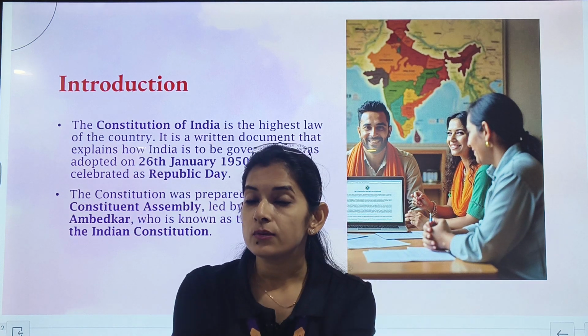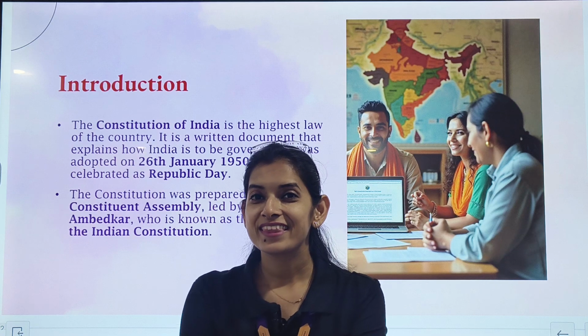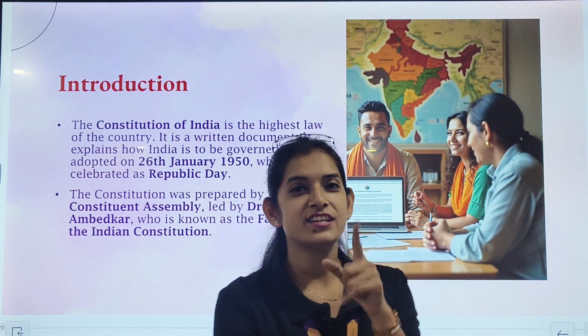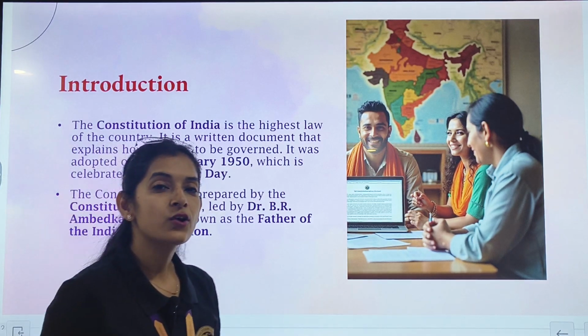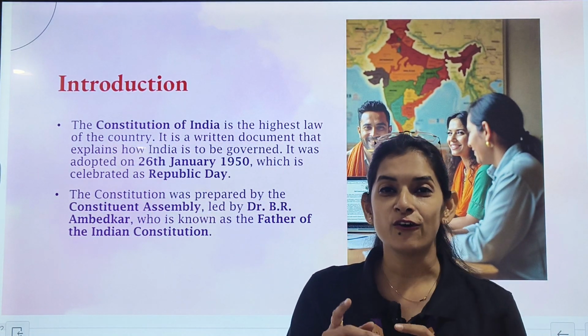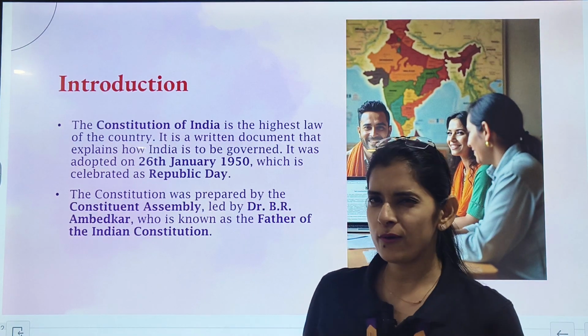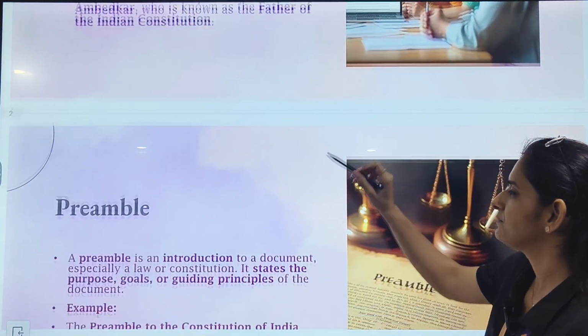Now, the question is, who was the chairman of the drafting committee? Exactly. The chairman of the drafting committee was Dr. B.R. Ambedkar. And Dr. B.R. Ambedkar is also known as the father of the Indian Constitution. So I hope the introductory part must be clear. So let's move forward.